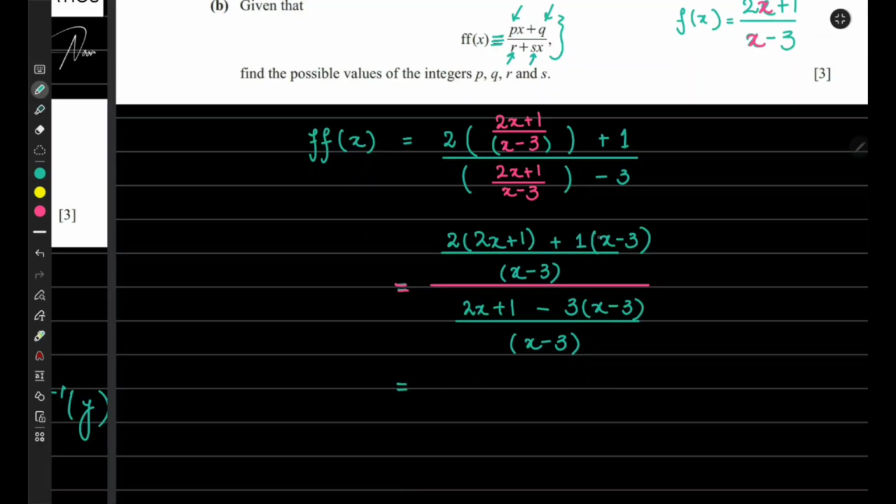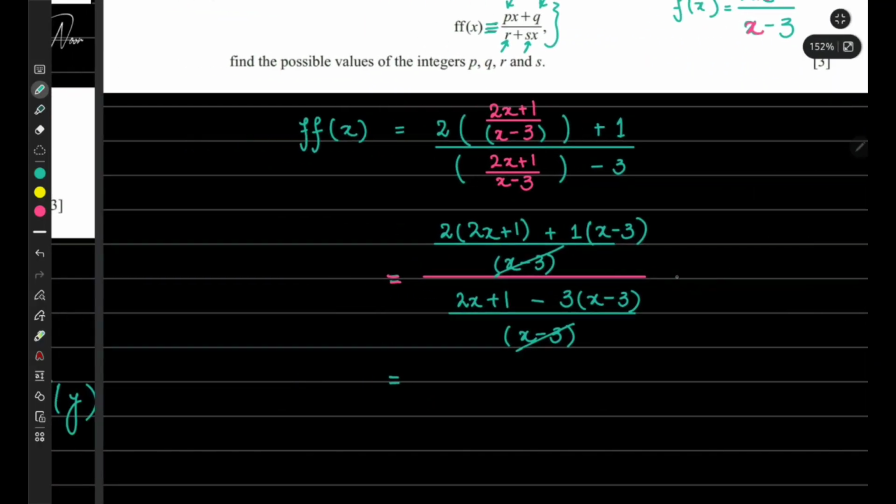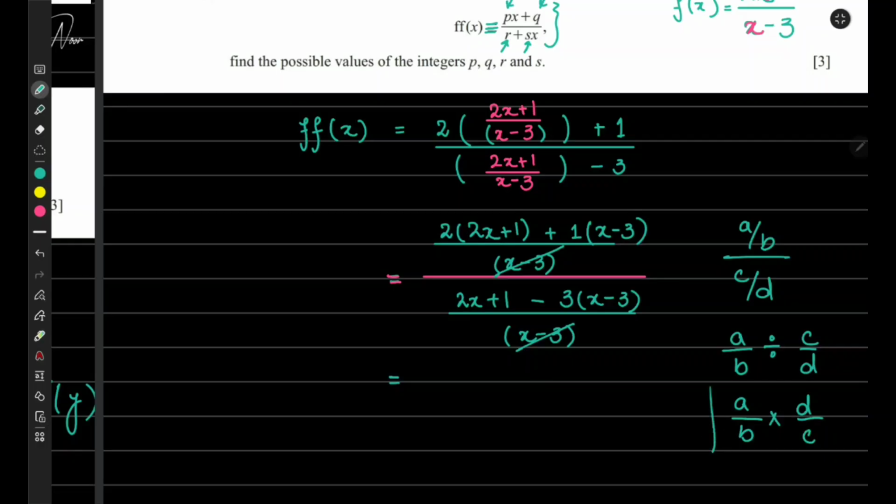So if we have this denominator and this denominator common, we can cancel it out, because if you have a fraction a over b divided by c over d, and we change this division into multiplication, it becomes d over c.